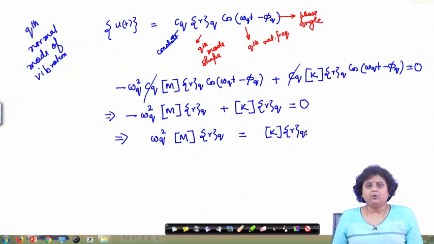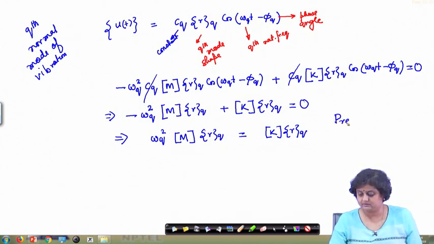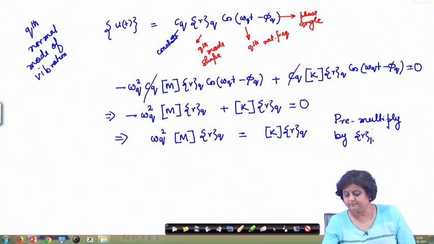Okay. Now, what I do is that I pre-multiply both sides of this equation by the transpose of the pth mode shape.